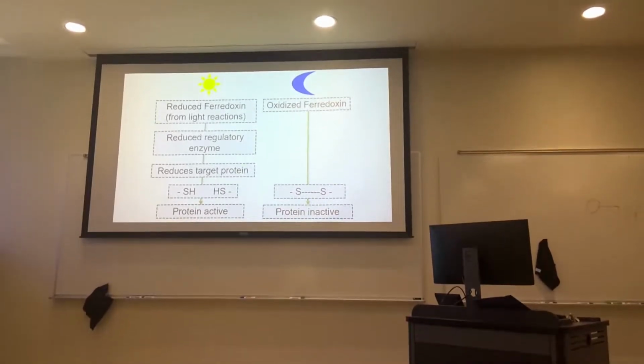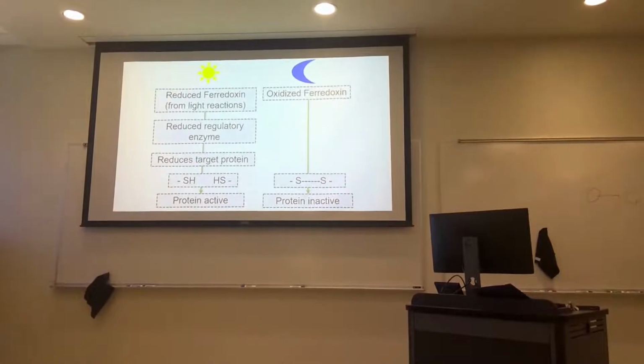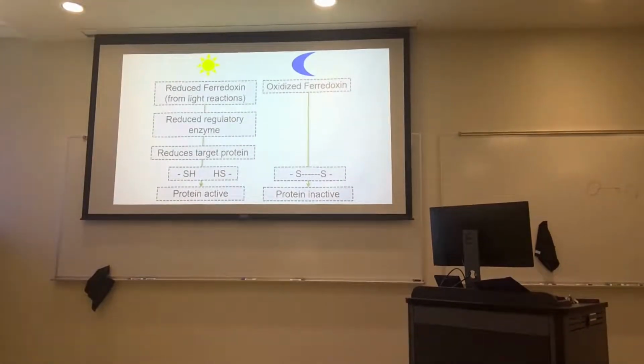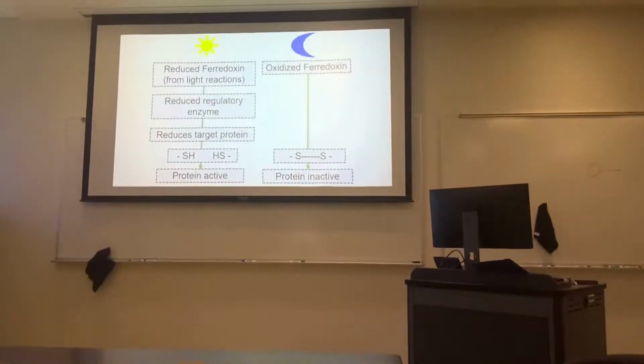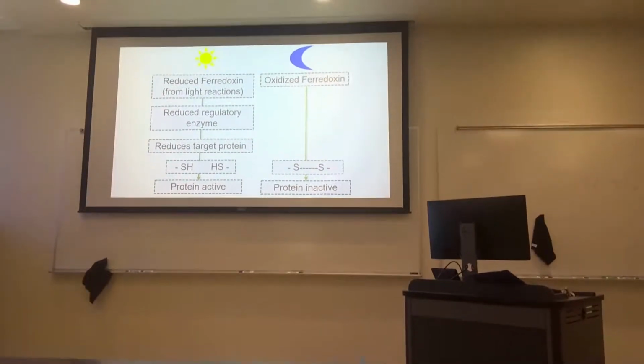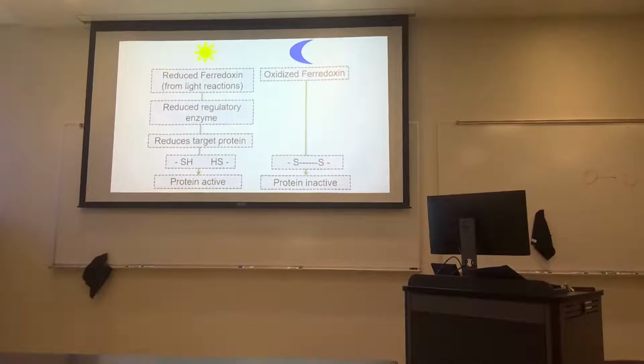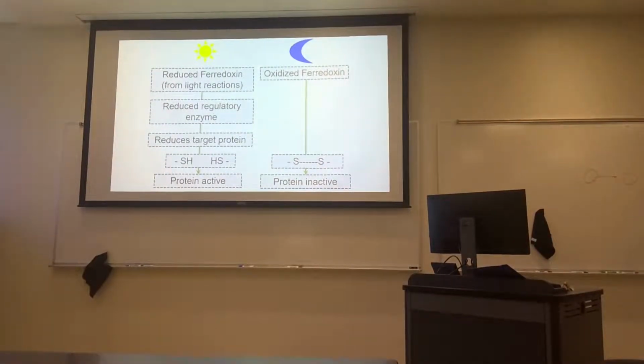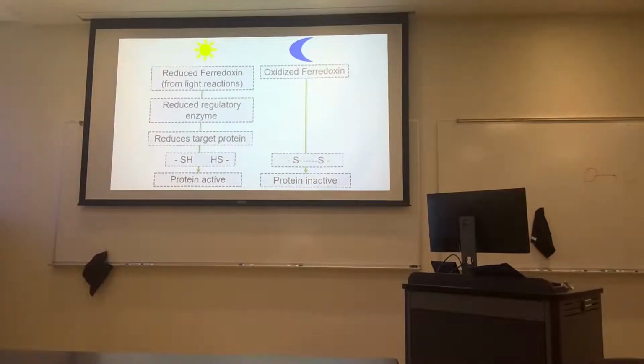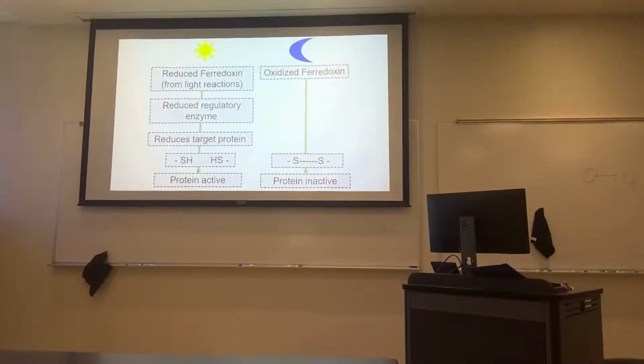So light has to activate both subunits and then bring everything to the chloroplast, and only then is the full Rubisco active. Why is half of Rubisco in the nucleus and half in the chloroplast? I don't know. Rubisco is just very complex, and both subunits require light to be activated.